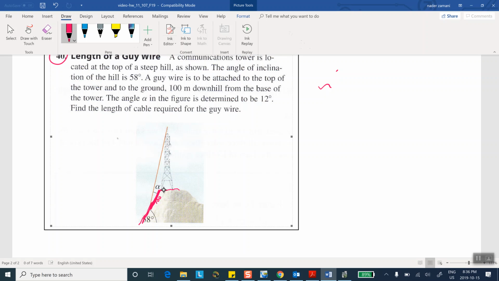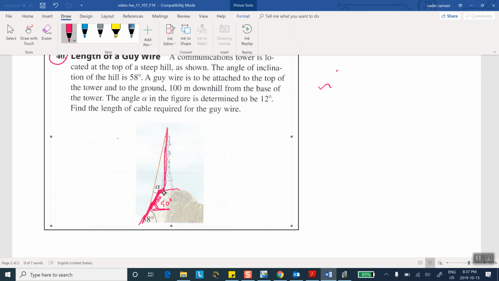Now let's see. So we have a triangle like this. We have a triangle like that. This angle, it looks to me, this is what the problem is. This angle is 58 degrees.